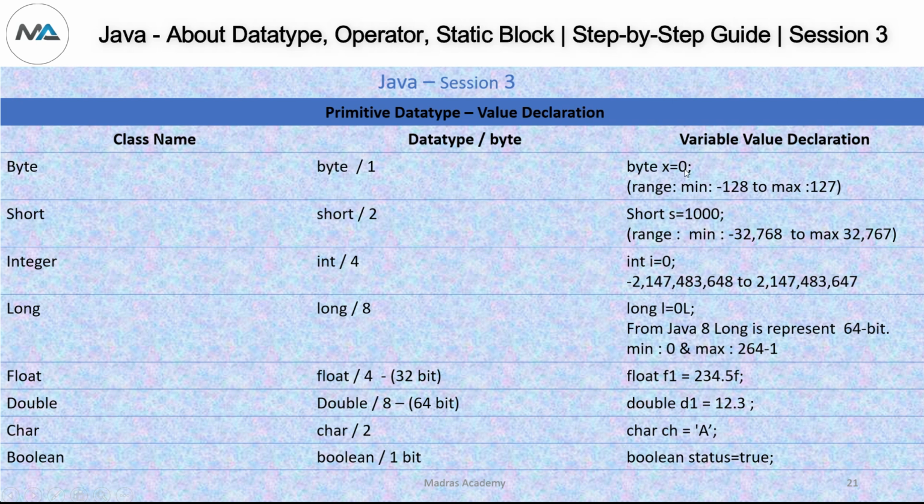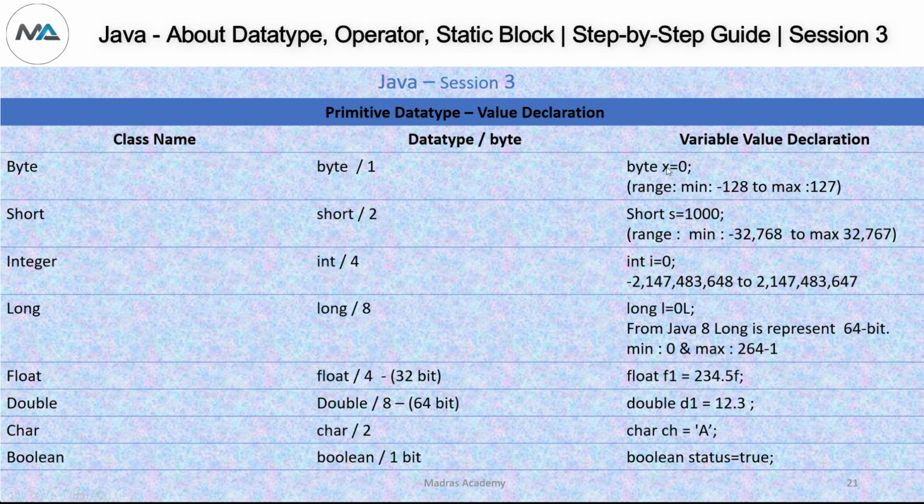Like this you need to declare the byte variable, and you can give the range, minimum and maximum value, minus 128 to 127. Using this range we can give the value for the byte data type, but the default value is 0. So like this we need to declare it.